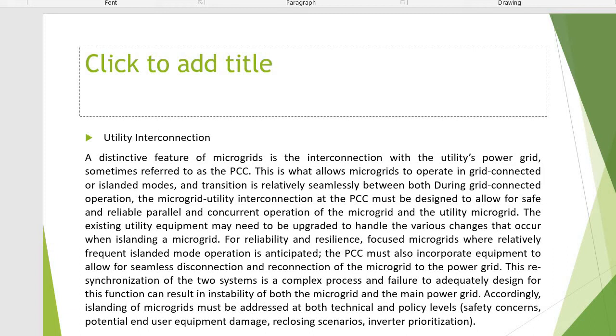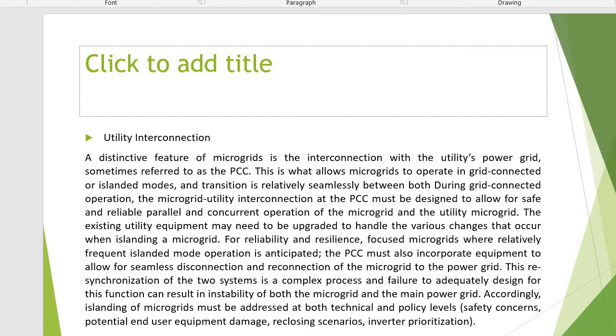From a reliability and resilience point of view, for microgrids where relatively frequent islanded mode operations are anticipated, the PCC must also incorporate equipment to allow for seamless disconnection and reconnection of the microgrid to the power grid. This is very important for reliable and secure connection. The system has to be reliable, resilient, and safe, right?